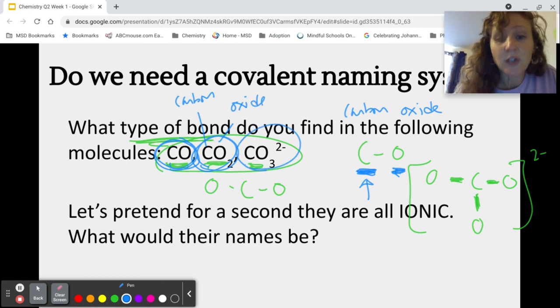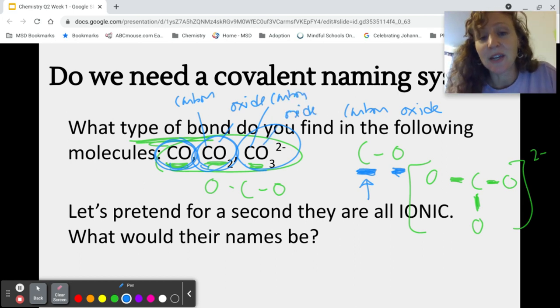And this one also would be carbon oxide. Okay, so here's our second problem. If we were to follow the naming system of ionic compounds, we would name all three of these things the same name, when in fact they're totally different molecules and they all have completely different names.